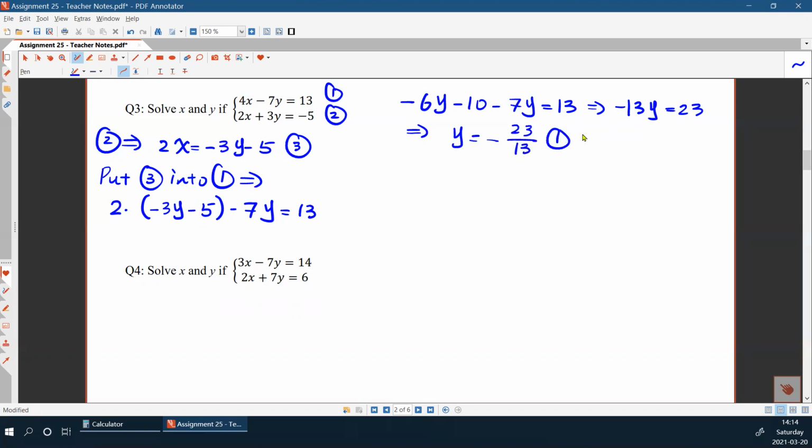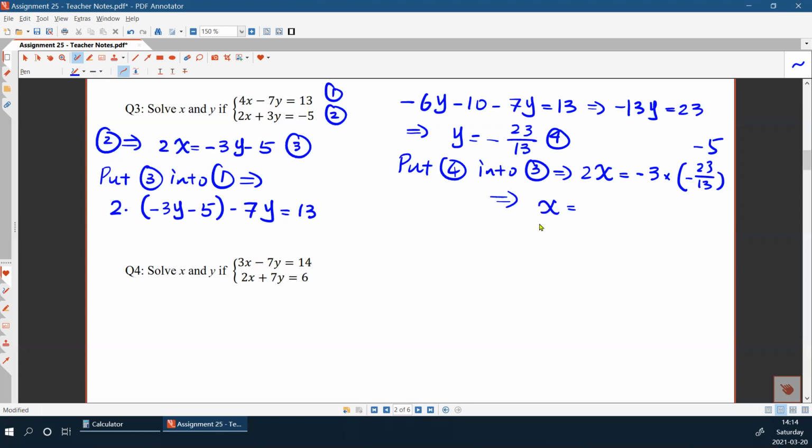So let's call this 4. Then we can put equation 4 into equation 3. This will give you 2x equals minus 3 times minus 23 over 13 minus 5. So we can get x is actually 2 over 13, right?